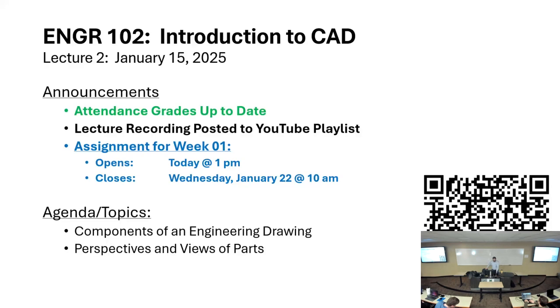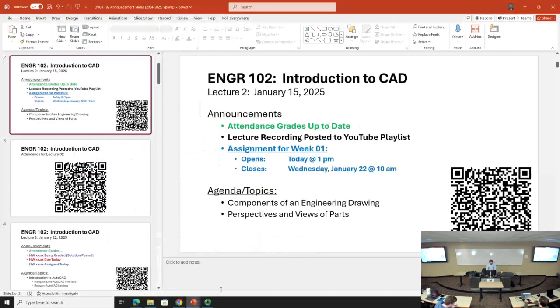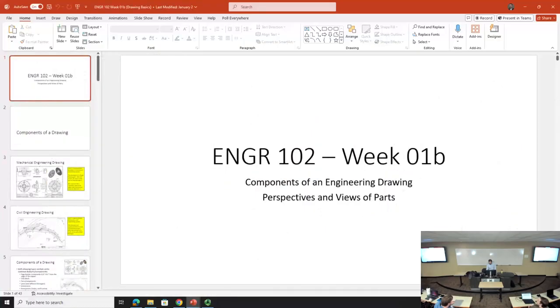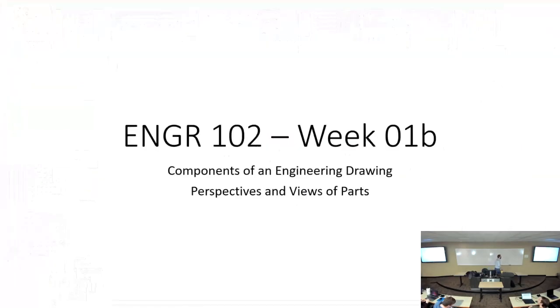I must briefly apologize for the fact that today's lecture will seem kind of dry, but it is very important because this entire course is intended to educate you on the process and procedure for generating engineering drawings.